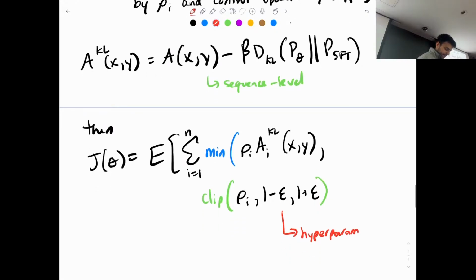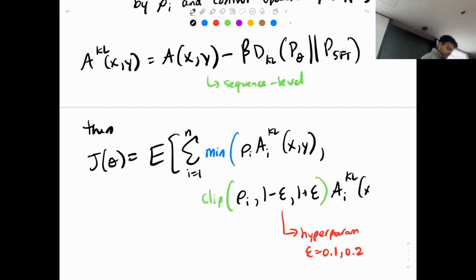It's generally set to something like 0.1 or 0.2, meaning that if our policy ratio falls outside of, let's say, 0.9 to 1.1, we are going to clip it to be either the bottom or top end of that range. So we're not going to allow this policy ratio to expand outside of that.